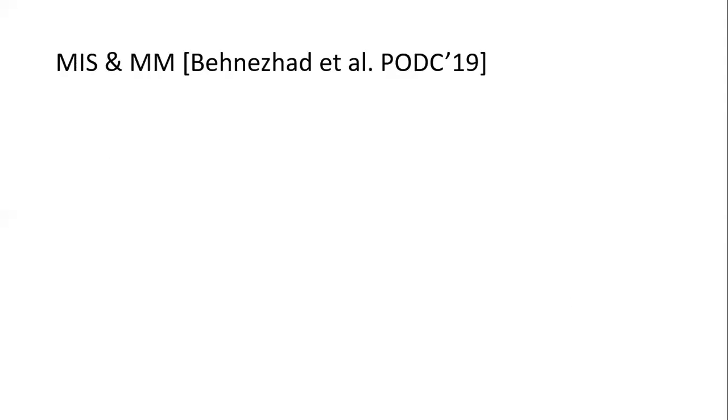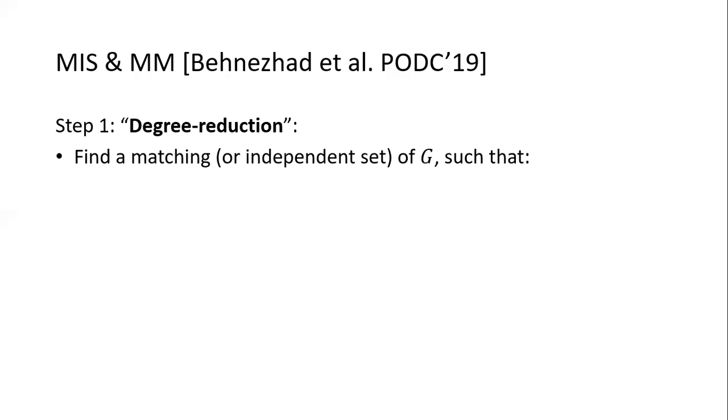For the rest of the talk, I'll focus on our first result, which is a log-log-n round algorithm for MIS and maximal matching. Let's first review the algorithm from previous work by Behnezhad and others. Their first step is a degree reduction procedure.